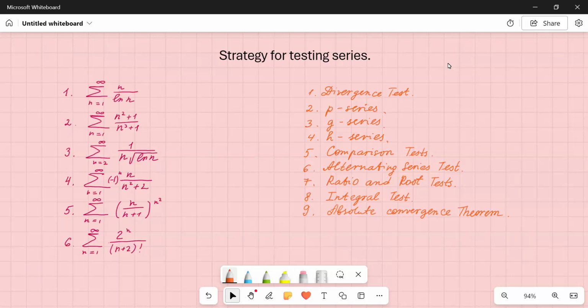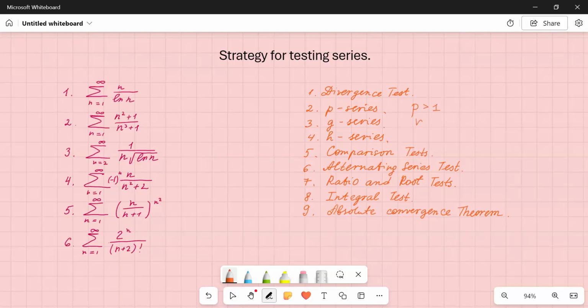Then we had three special series. We had the P series, the G series, and I would say separately the H series, which is actually part of the P series, but because we are going to use the name harmonic series separately, I separated them into a different line. So for the P series, we know that P is supposed to be greater than 1, the power of n, right?